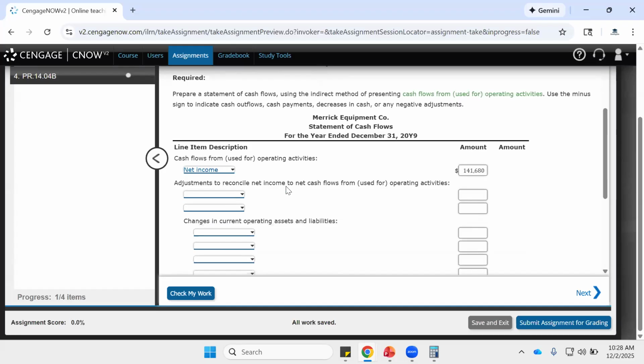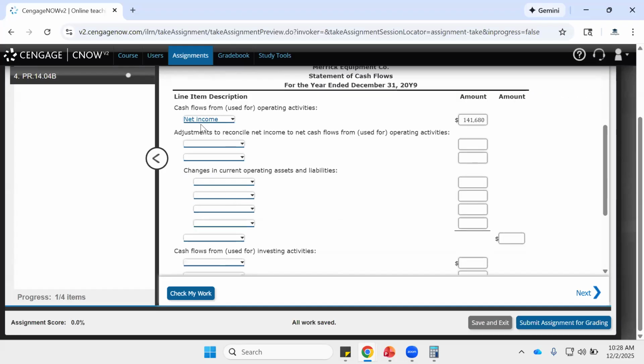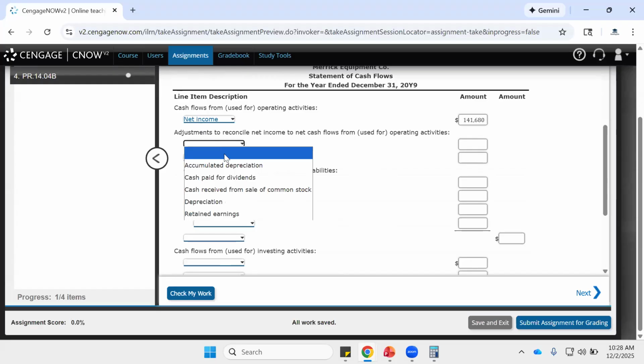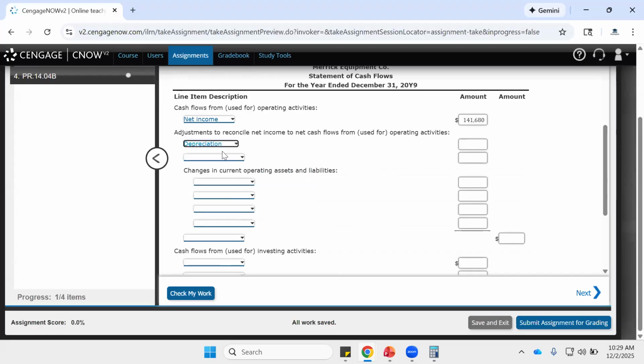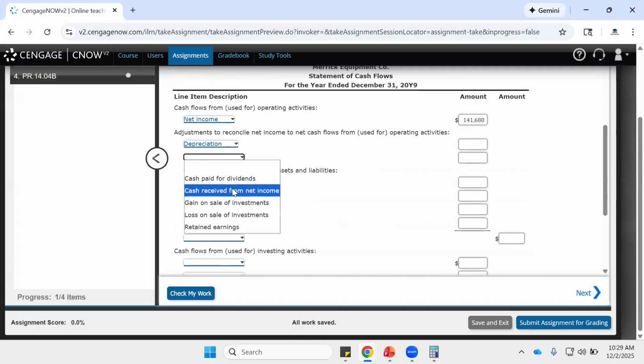And adjustments to reconcile net income to cash flows used for operating activities. Depreciation is going to be one because that's a non-cash expense. So depreciation is included in net income, but that doesn't actually cost the company any cash.